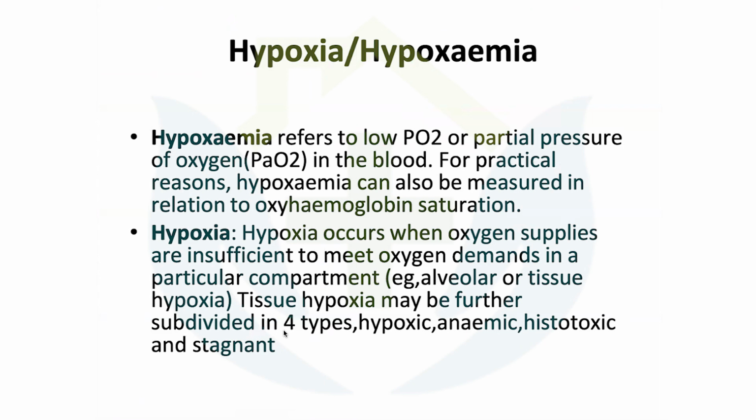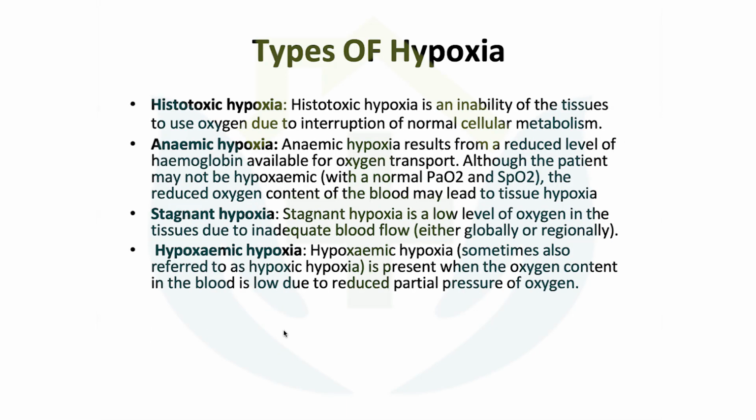So remember, hypoxemia means when there is a low PaO2, or partial oxygen pressure, in the blood, and hypoxia occurs when oxygen supply is insufficient to meet oxygen demand in a particular compartment, like tissue hypoxia. Again, hypoxia is of four types: histotoxic hypoxia, anemic hypoxia, stagnant hypoxia, and hypoxic hypoxia.